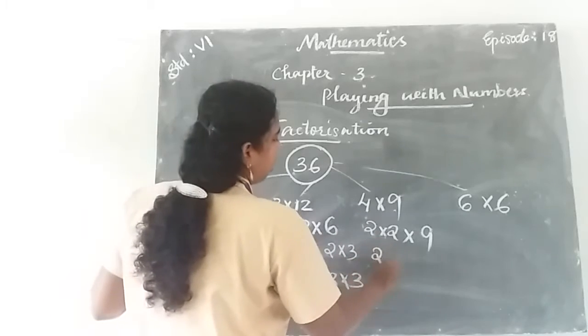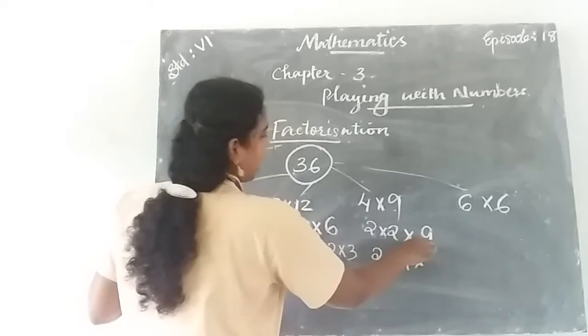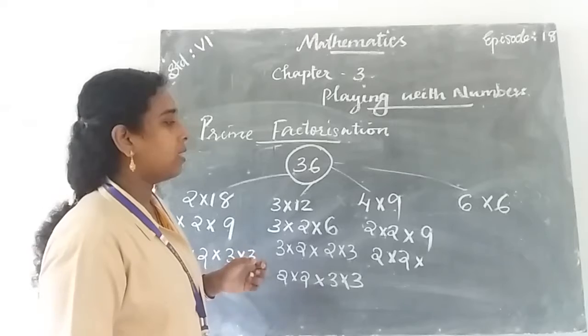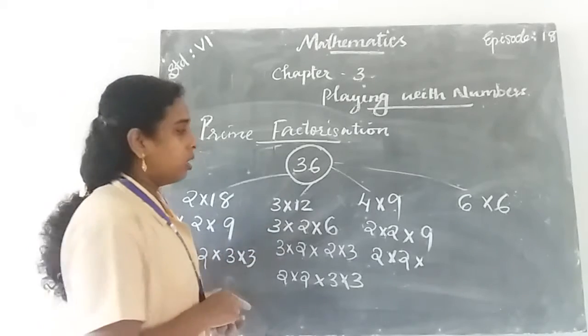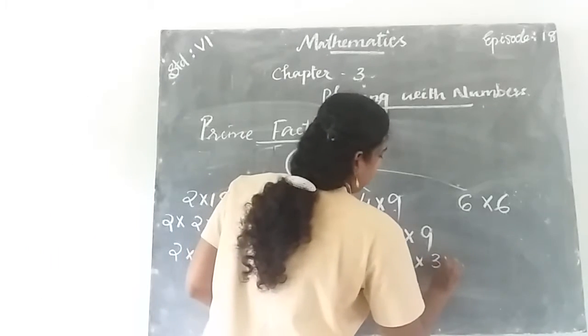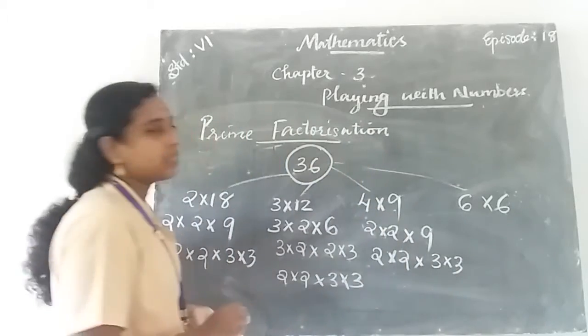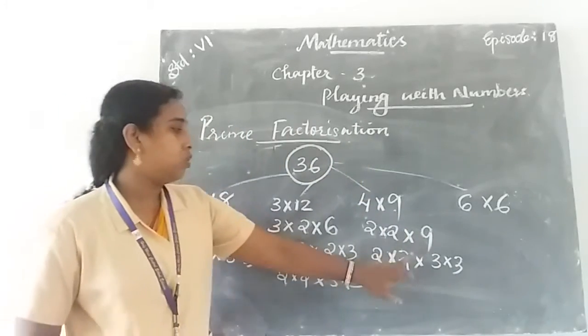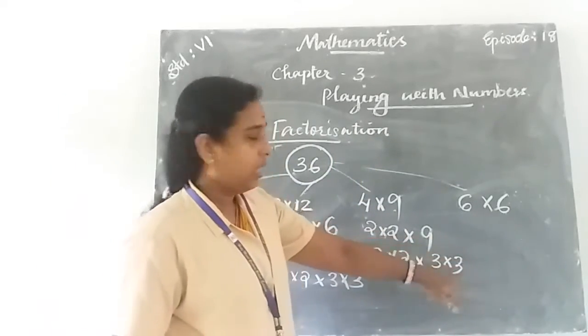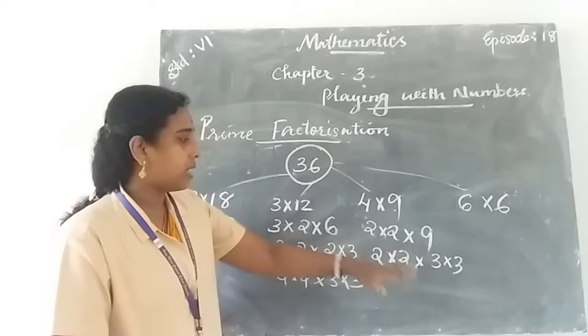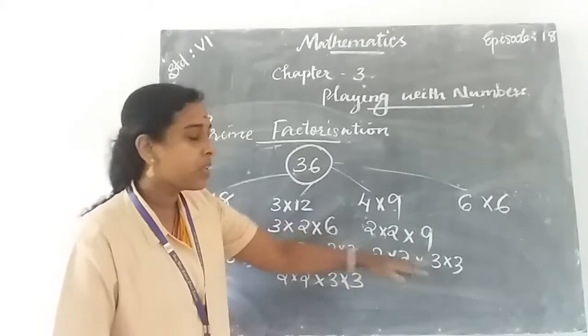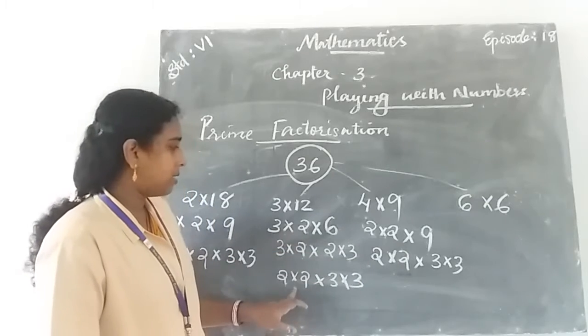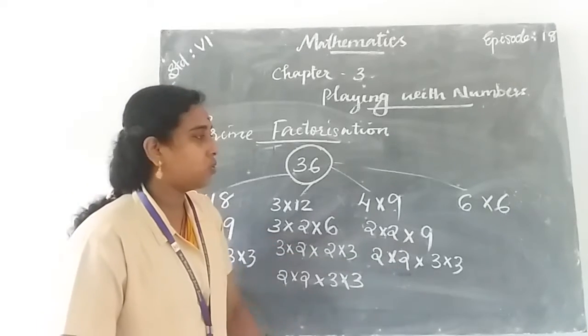Here 2 and 2 are prime numbers, and 9 can be written as 3 into 3. So we get 2 into 2 into 3 into 3. 2 and 3 are prime numbers, so we can stop our prime factorization here, and we get the same answer, 2 into 2 into 3 into 3.